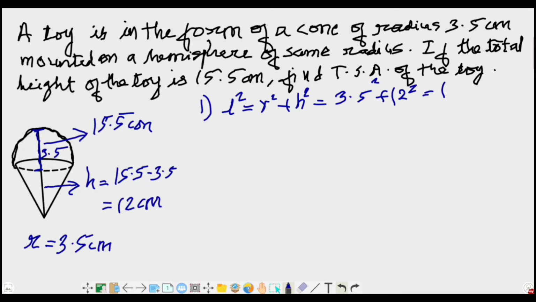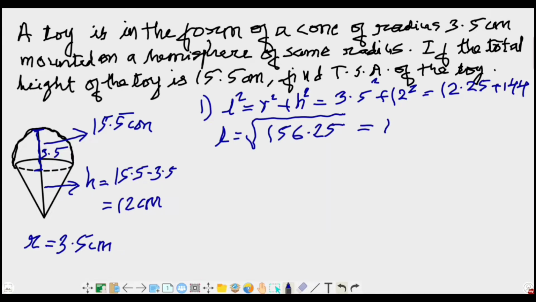So it will be 12.25 plus 144, so your L will be the square root of this sum. It is 156.25. Its square root is 12.5.